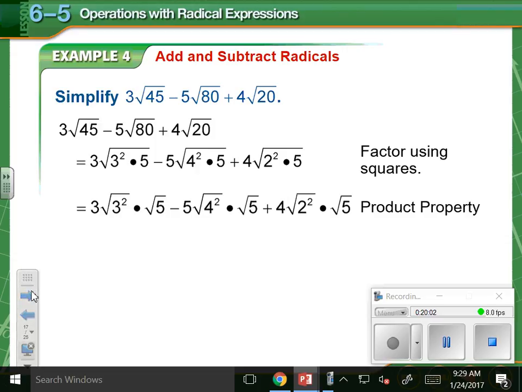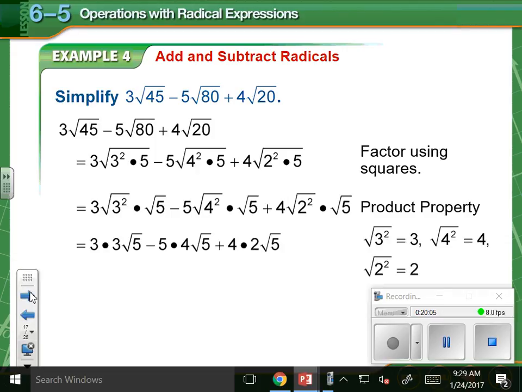I think you can skip that step and go straight to taking this 3 squared out, multiplying it by that 3, taking this 4 squared out, multiplying it by that 5, taking this 2 squared out and multiplying it by the 4, and leaving in this 5, this 5, and this 5. 2 squared came out. 4 squared came out. 3 squared came out.